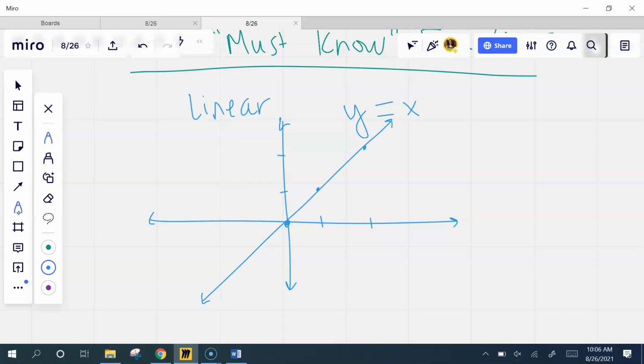We should all be familiar with the graph of y equals x. Yes? Of course. So let's go through some analysis about this graph. They'll get harder as we go. What is the domain? Absolutely. What about the range? Same thing.